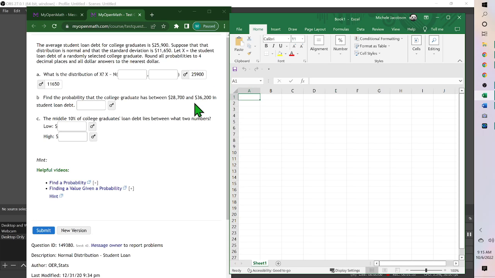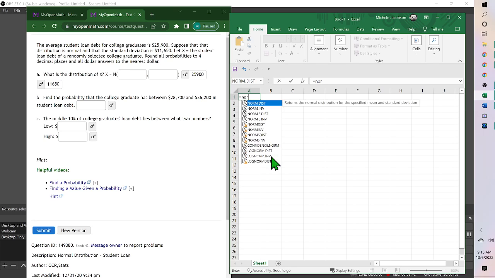So if we find the 36,000 one in Excel, you type equals norm, and you want to use the normal distribution. Notice it tells you to put the x value, the mean, the standard deviation. I'm going to do the 36,000 first.